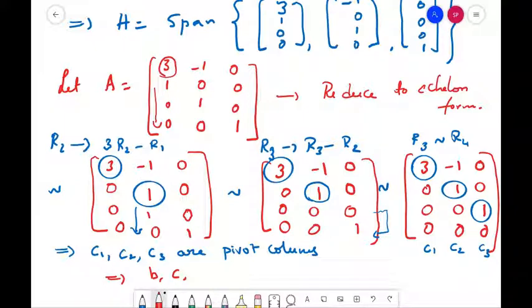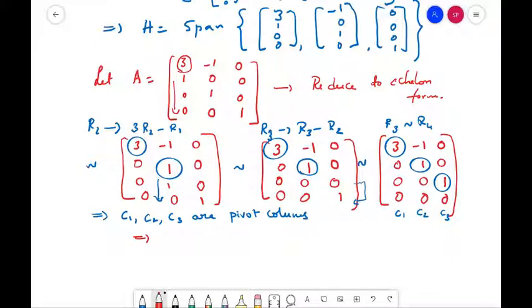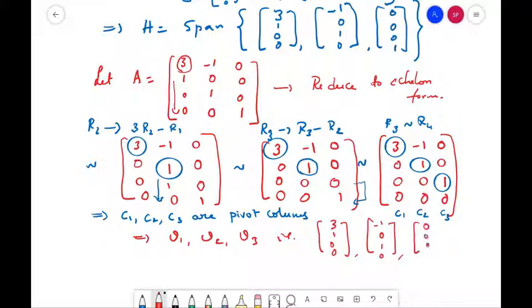Here we don't need to write variables. We just have to mention whichever are the pivot columns, they will be linearly independent. C1, C2, C3 are pivot columns, which implies the 3 vectors V1, V2, V3, that is (3, 1, 0, 0), (minus 1, 0, 1, 0) and (0, 0, 0, 1), are linearly independent.